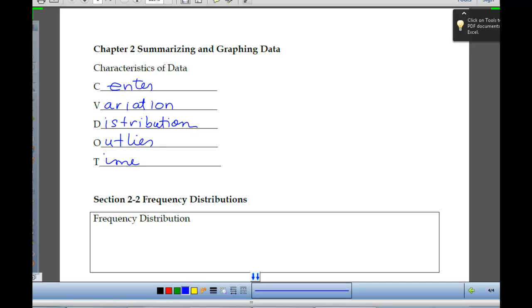So one thing that we can use is a frequency distribution.